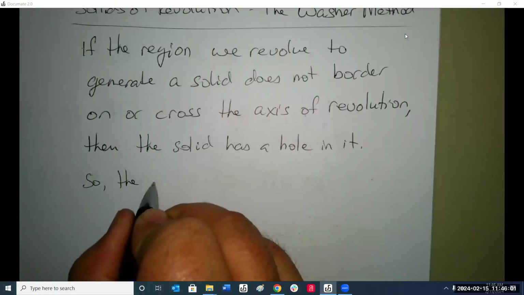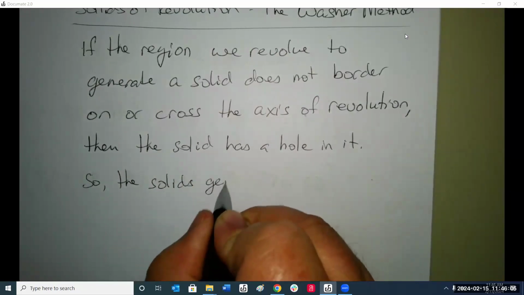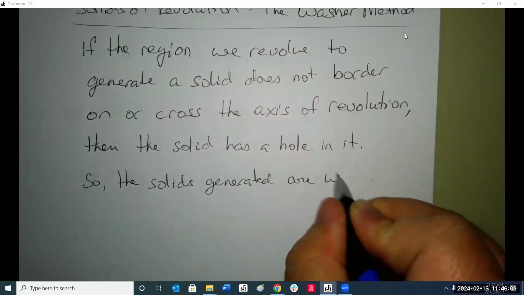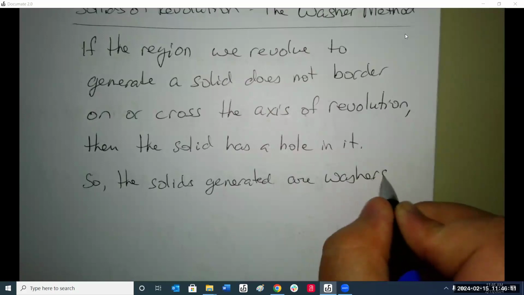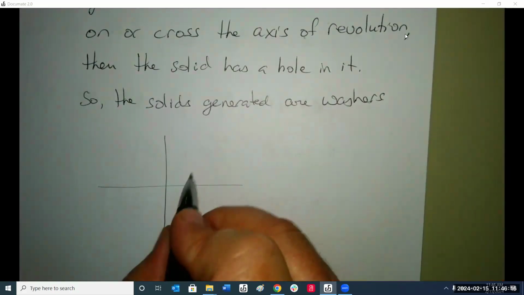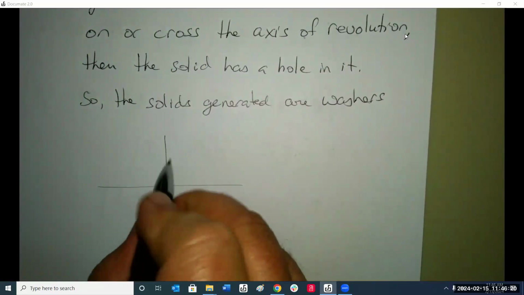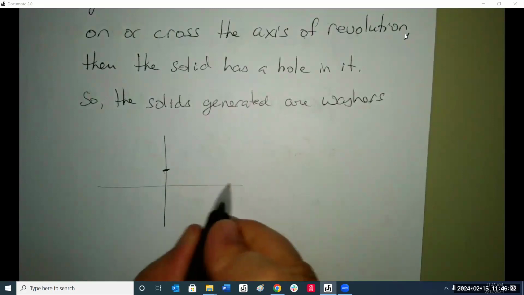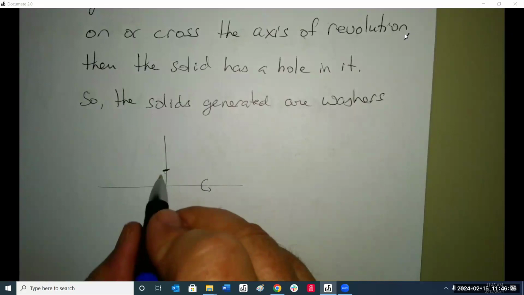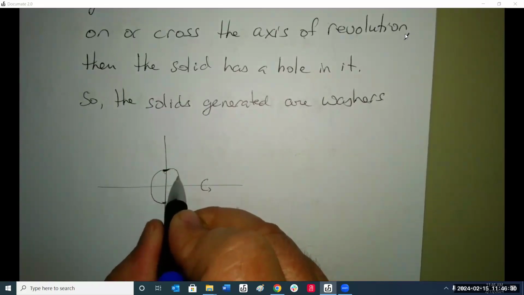So the solids generated are washers. In other words, if we're going to rotate our graph about the x-axis and it's not touching or crossing it, then there's that hole open there.